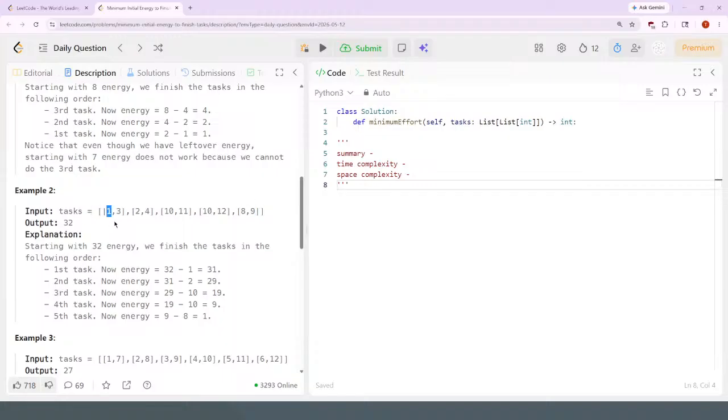Nine plus 1 is 10, plus 10 plus 10 is 30, plus 2 is 32. So I just need to figure out what the appropriate last task is, and then maybe add the minimums to it.